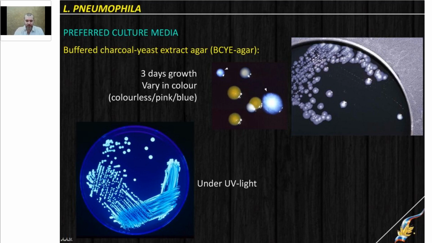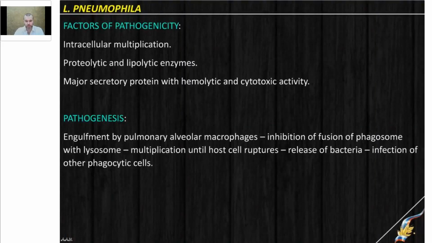So in culture medium, the microbe really looks beautiful, and it is possible to identify it even by cultural properties. But again, the agar is very specific for that bacteria only, and in routine laboratories that culture medium is not available. So we have no option to cultivate that microorganism in a proper manner, and usually the disease will not be diagnosed as Legionella.